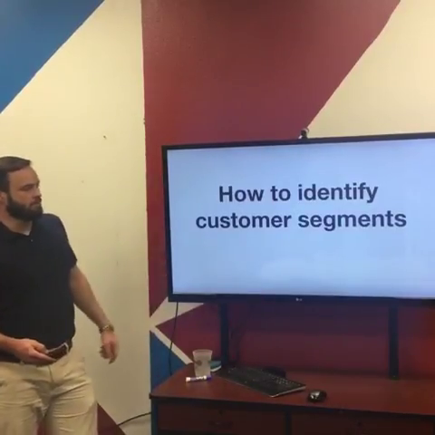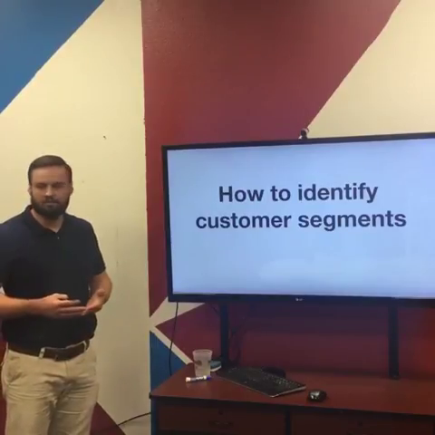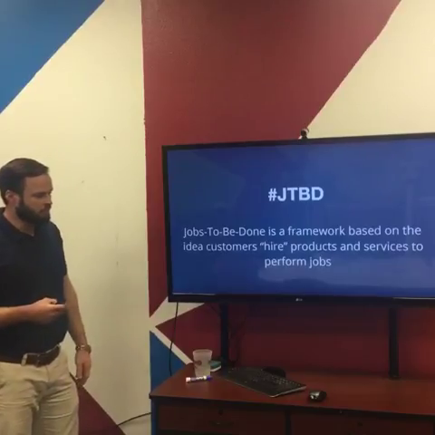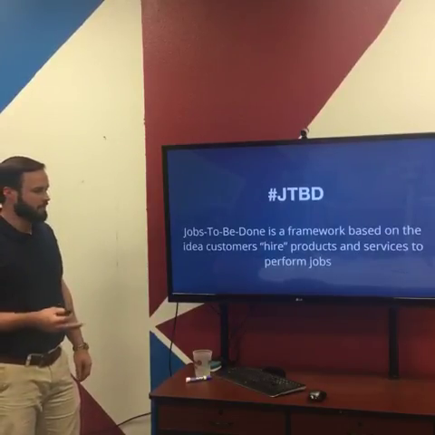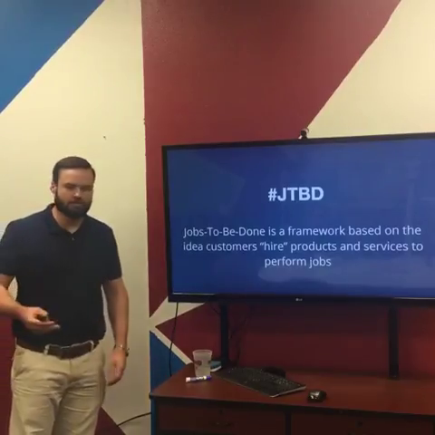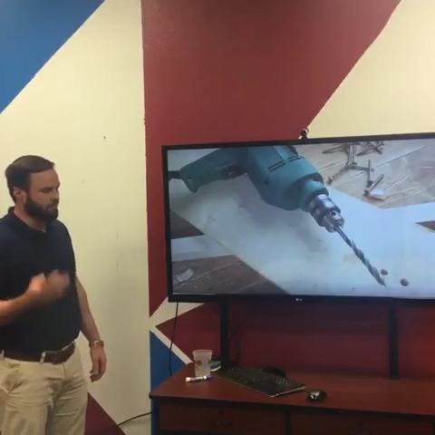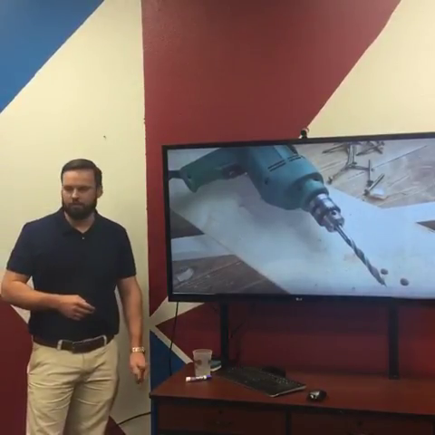All right, so we got the beachhead market concept. Next step is how to really identify these customer segments. And the best way we found to do it is a framework called Jobs to Be Done. It's based on the idea that customers hire products and services to perform jobs. It comes out of an HBR article from the 1960s called Marketing Myopia.